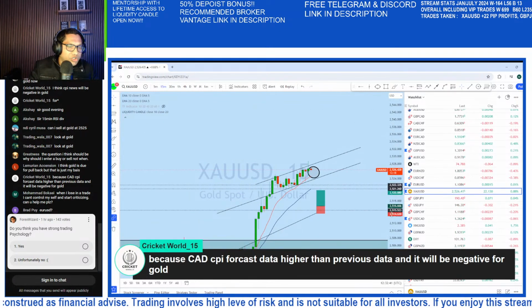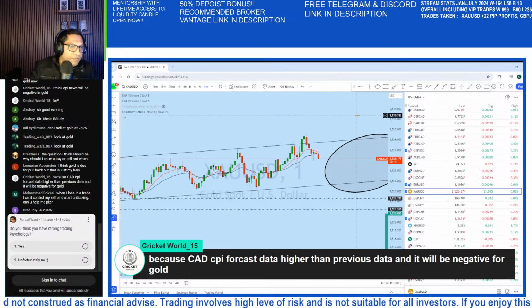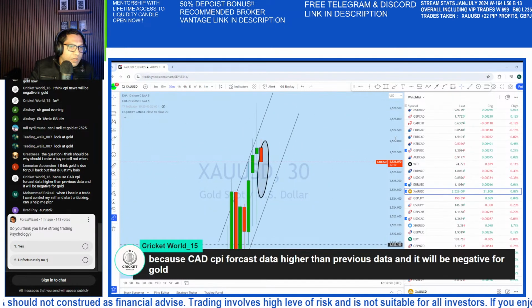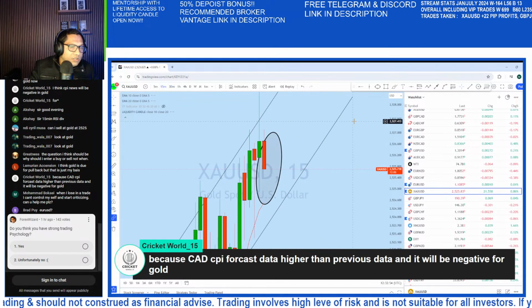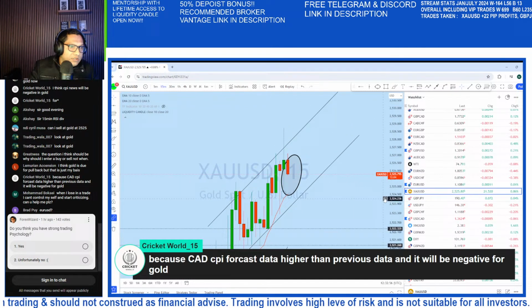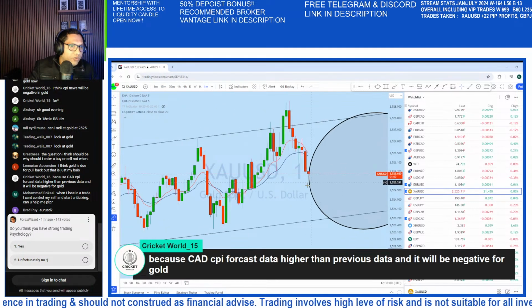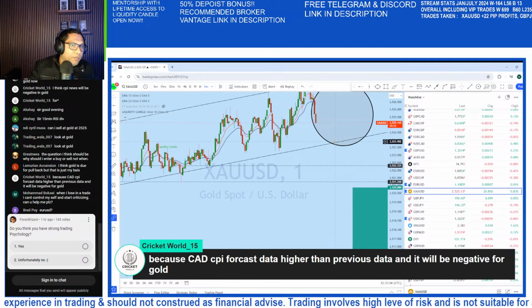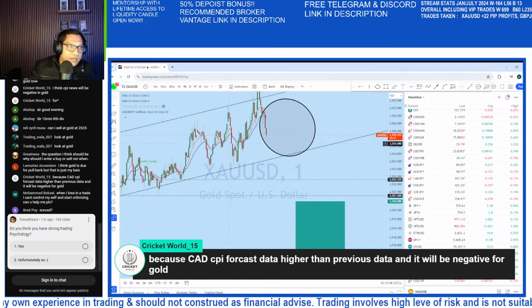We see there isn't much movement yet on gold, and because there isn't much movement, from the 1 minute on gold, I will be waiting for a break of structure. How has this impacted the DXY?